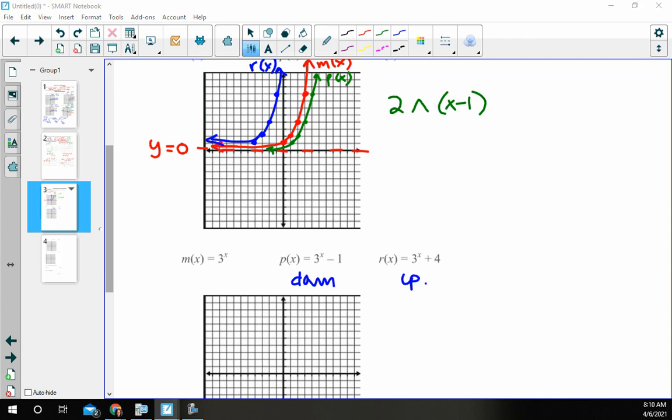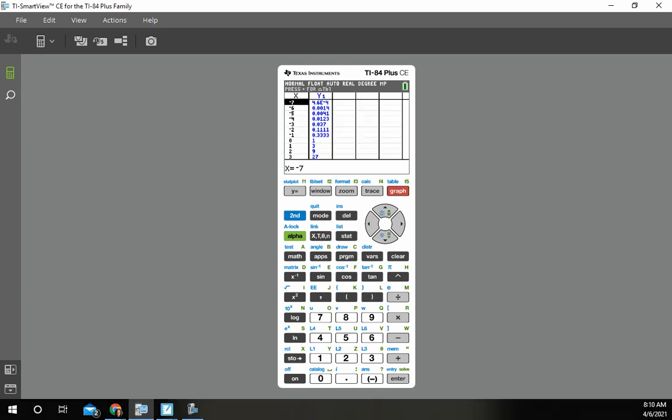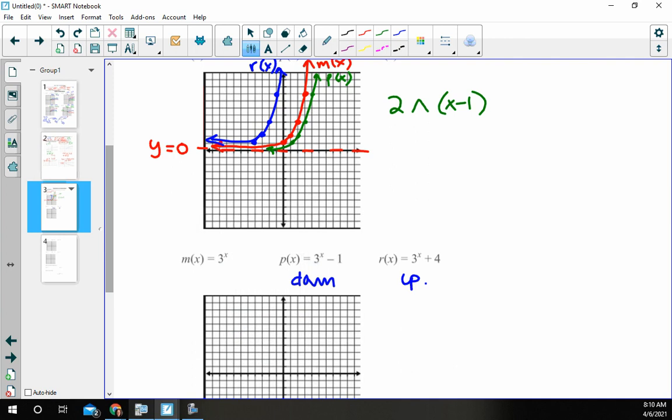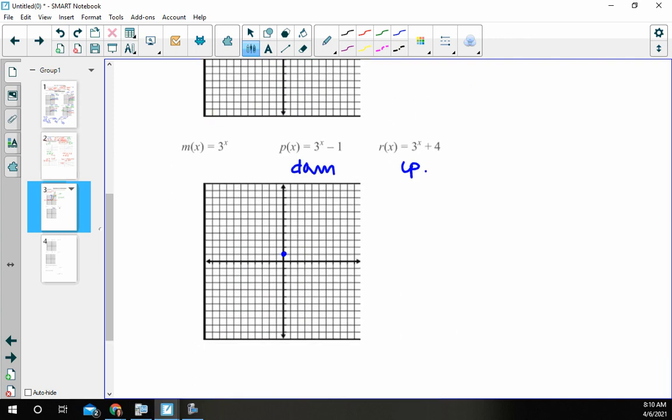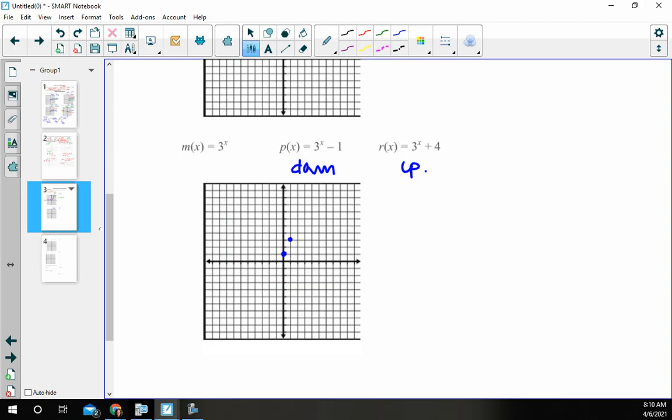So let's go ahead and get our parent function in. So I'm going to do 3 to the x. Also 0, 1. 1, 3. 9.